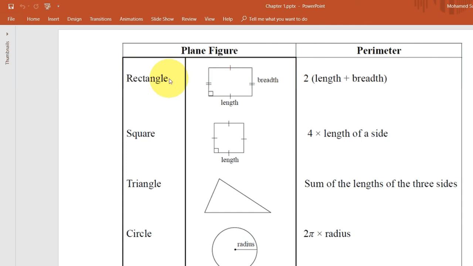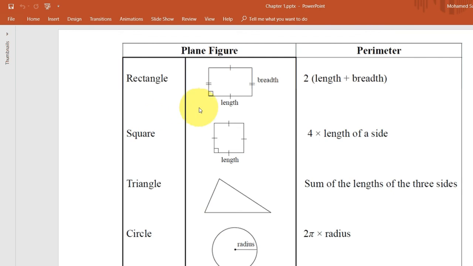To calculate the perimeter of the rectangle, you have to sum all four sides. The opposite sides are equal, so your perimeter will be 2 into (length plus breadth). Length is the horizontal and breadth is the vertical distance in this case.